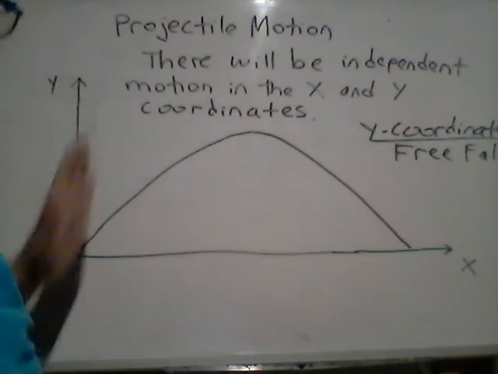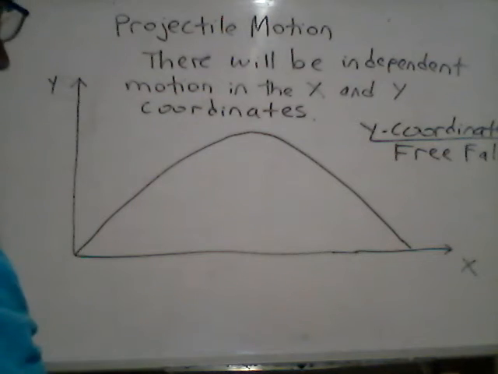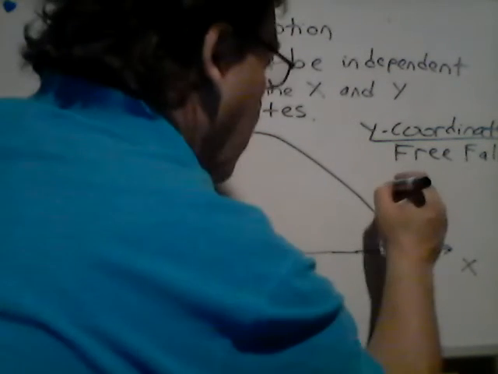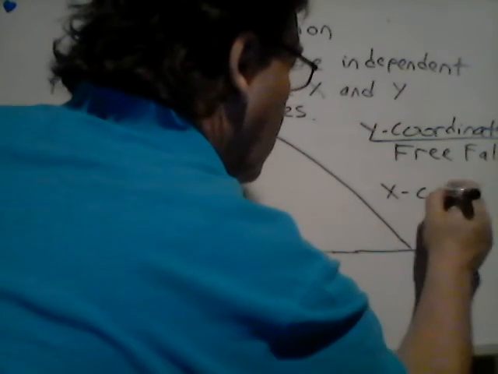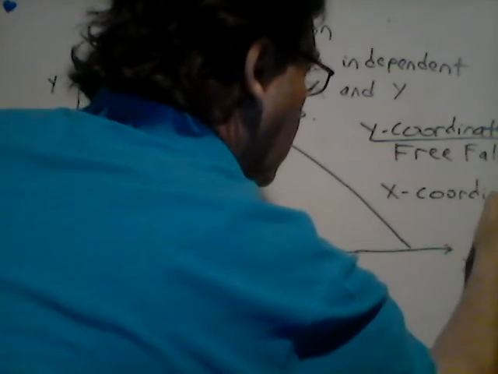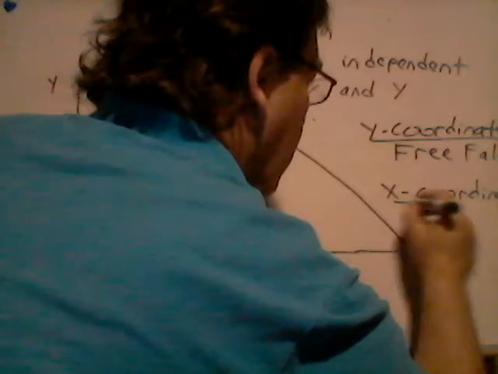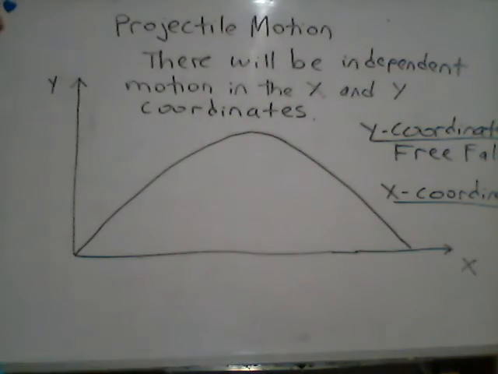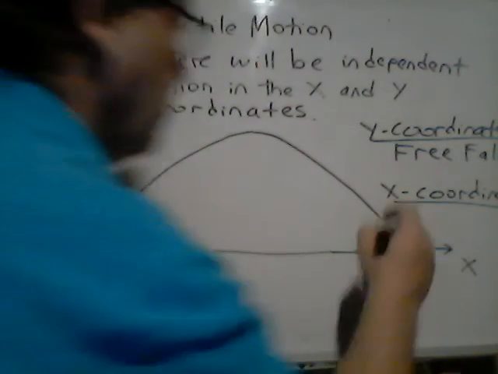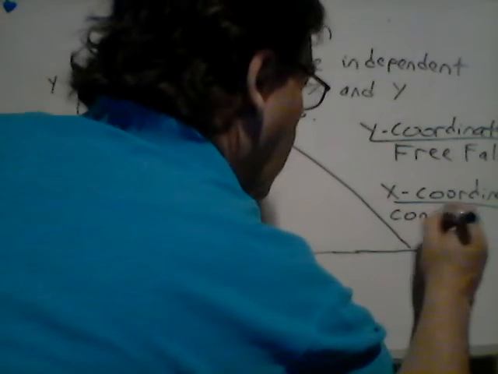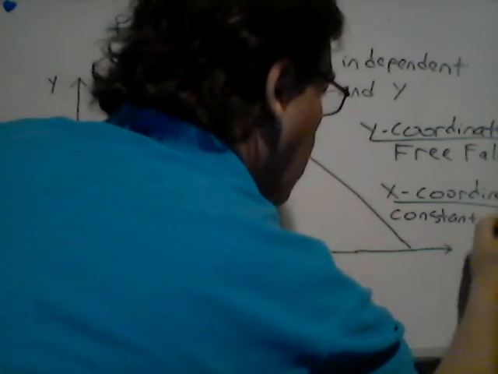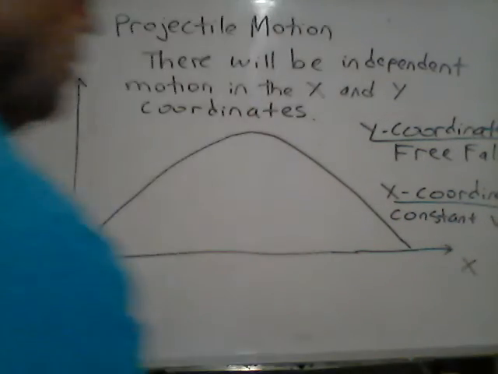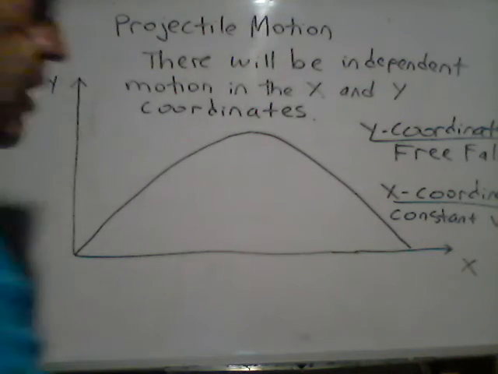And we have free fall because gravity only acts in the y direction. In the x coordinate, okay, we have constant velocity motion. So I would say constant v, constant velocity motion.